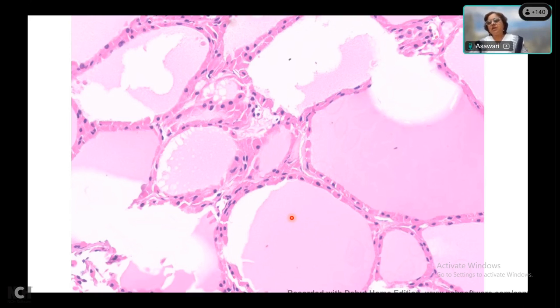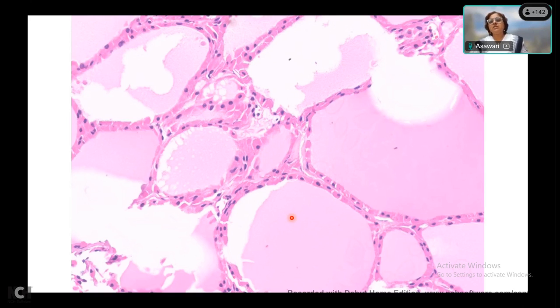But if repeat testing shows the same thing, what will you suggest, or what would the surgeon like to do? Lobectomy. Is it every time lobectomy? When is lobectomy done? I think Dr. Shiva will give us more insight into this later. But we have to look at the clinical and radiological picture, and only then will lobectomy be decided.